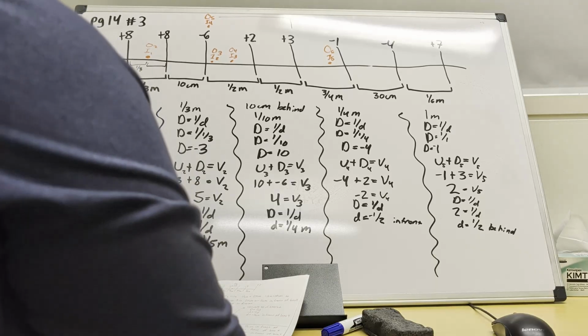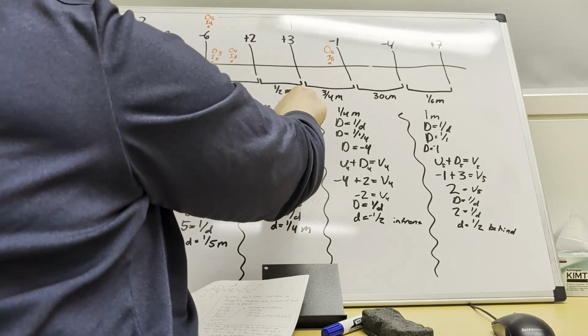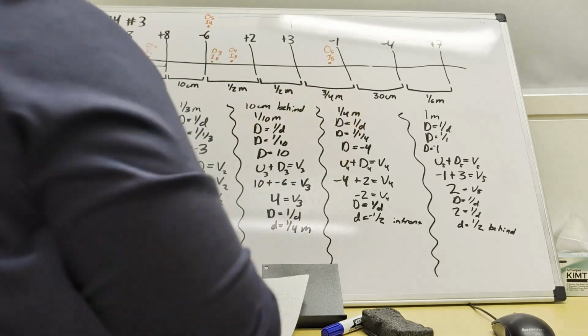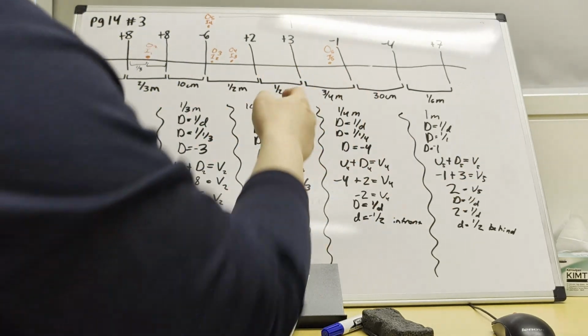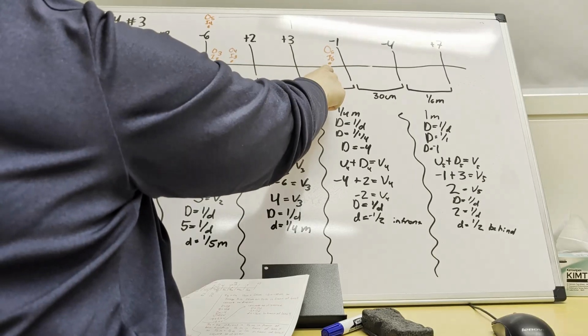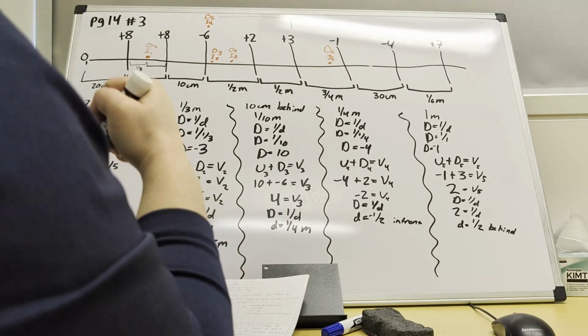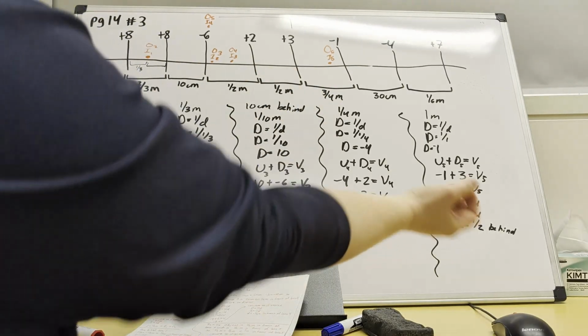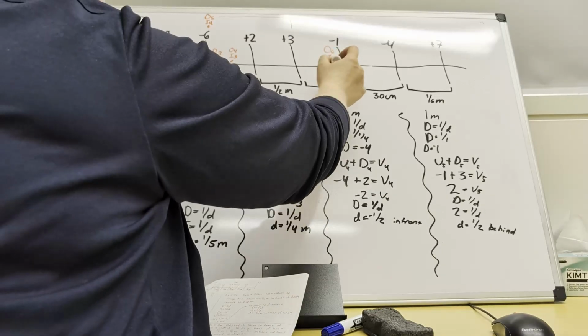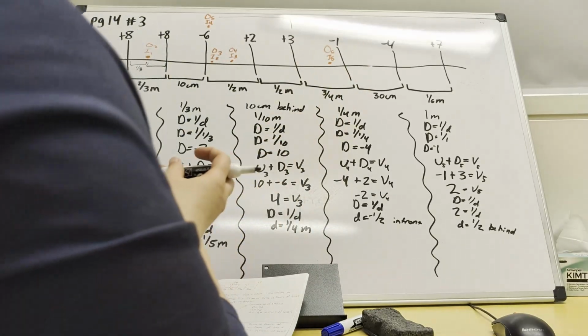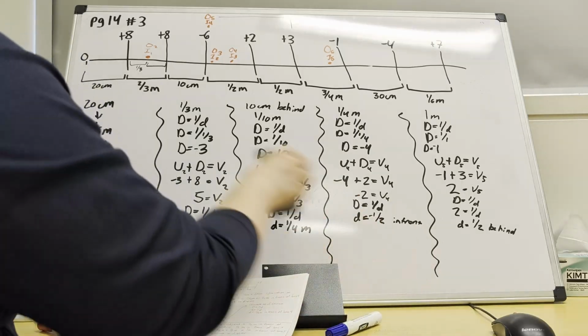We said the whole distance from +3 lens to the -1 lens is 75 centimeters. We just figured out that this distance is 50 centimeters. That means that the distance from I5 over to the -1 lens is going to be the residual 25 centimeters.